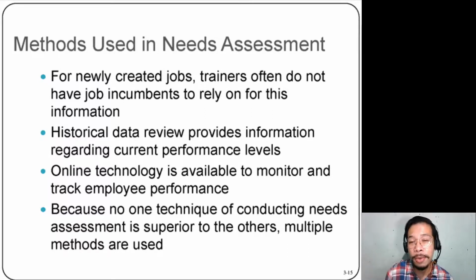So yeah, there are new jobs. For a newly created job, trainers often do not have incumbents, so they need to rely on other information. They can look at online technology as well, and historical data.